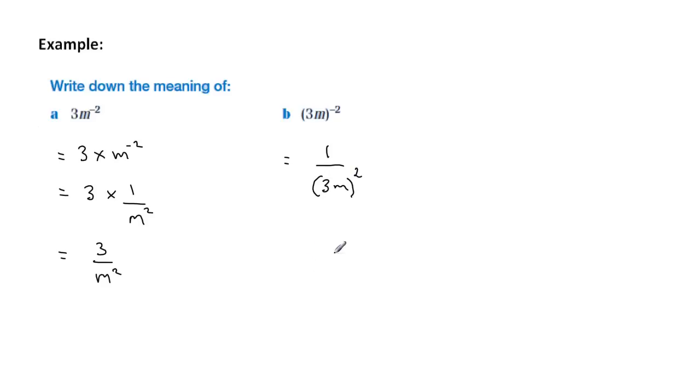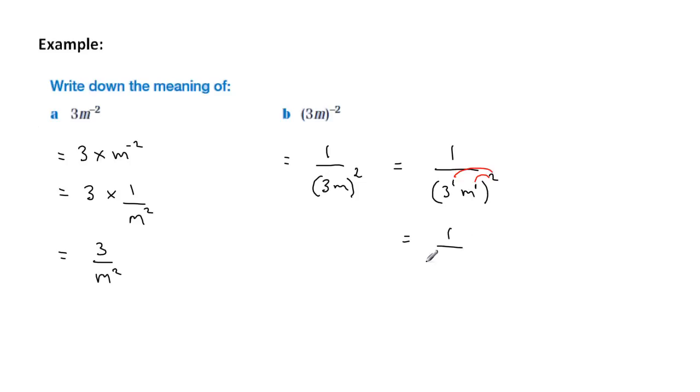Now it's probably worth noticing as well that in this particular case you can expand this out so that we know that 3 is to the power of 1 because we can't see a number there, and m is also to the power of 1 because we can't see a number there, and this is squared. And according to our rule, we need to multiply the 2 with this one and the 2 with this one. And this is what we get.